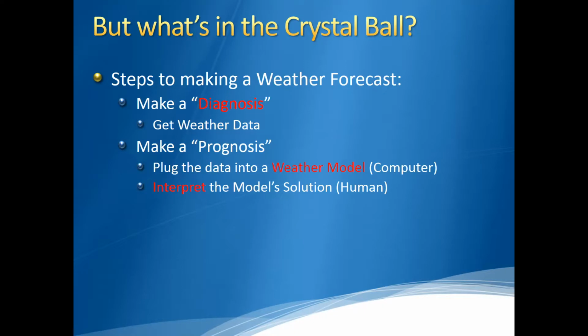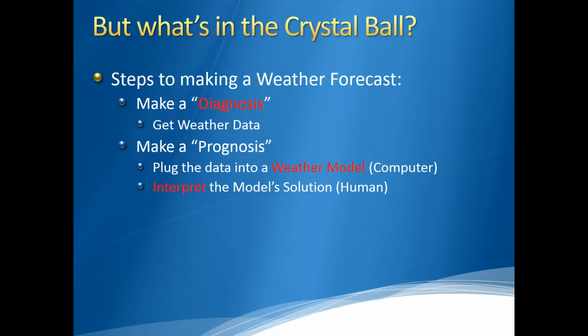Well, there are two key things that go into making a weather forecast. The first thing, similar to what a doctor would do to figure out the current situation of somebody, is they would make a diagnosis. They would gather data, run tests, analyze things, and then come out the other end with a diagnosis, basically saying, okay, this is what's going on.